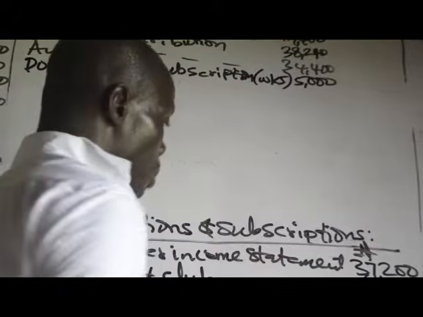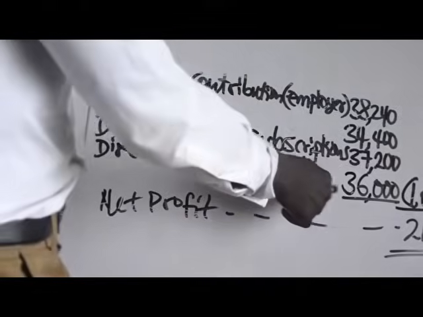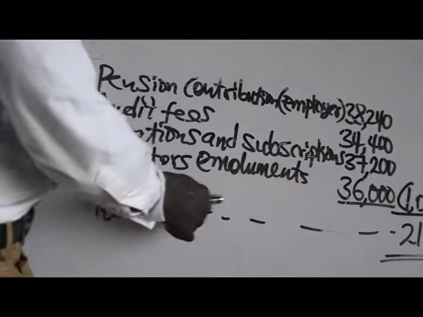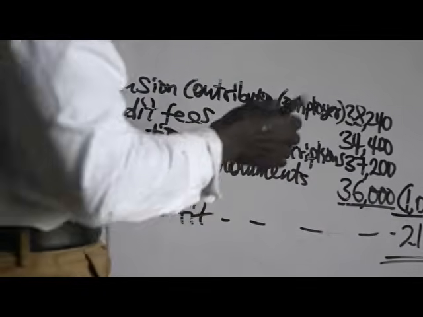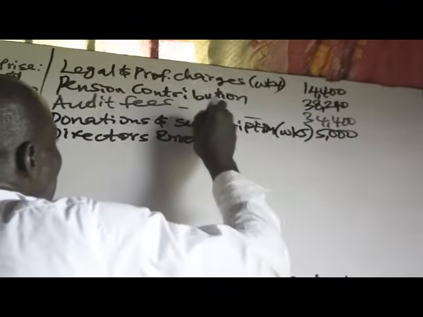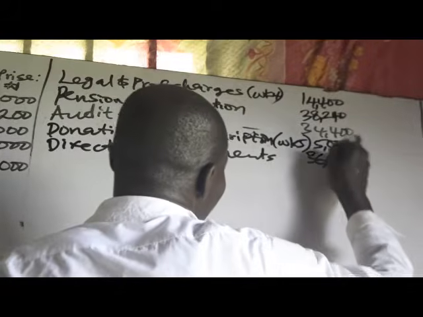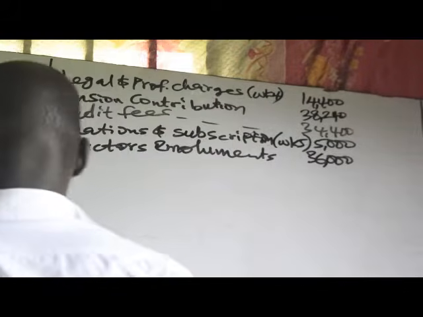Then we have directors' emolument. Directors' emolument of 36,000 is allowable for tax purpose.